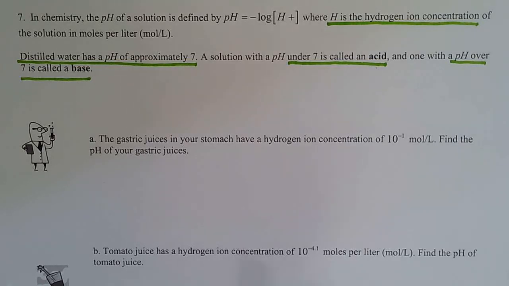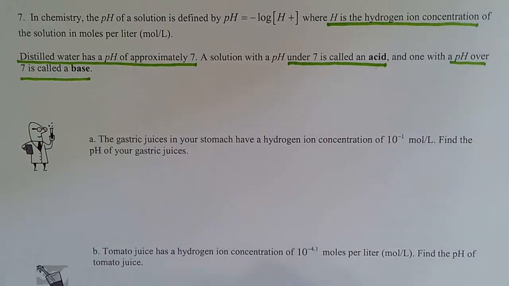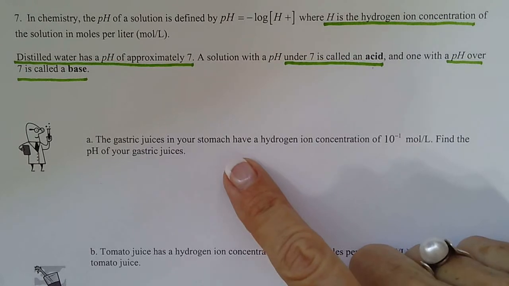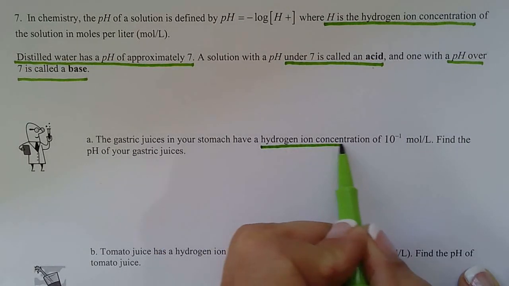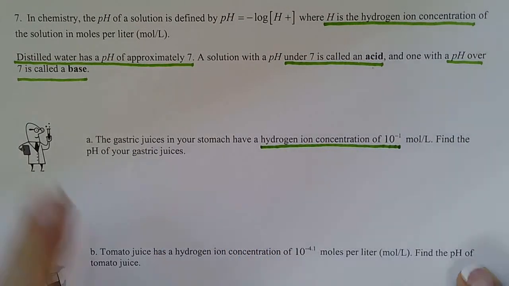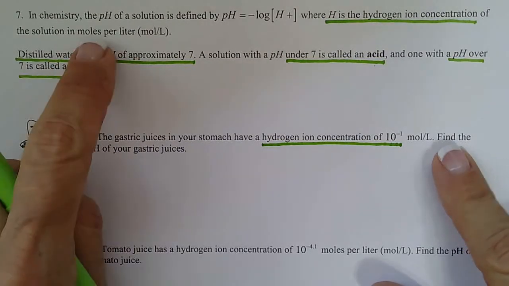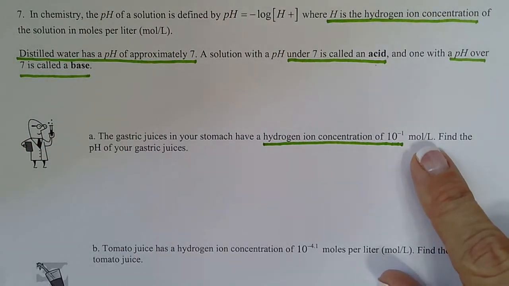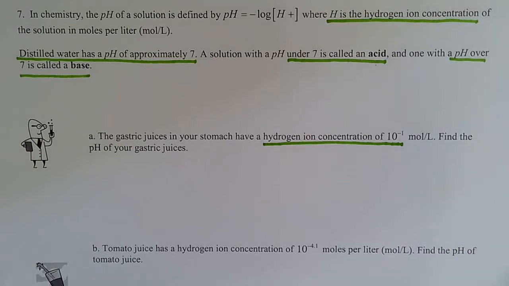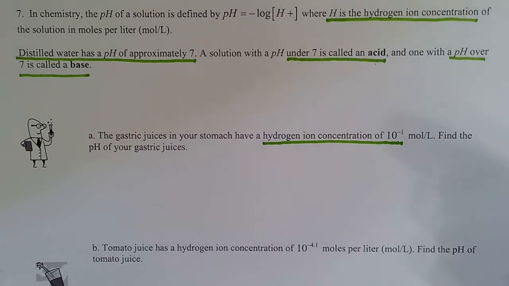Okay. So this is almost neutral. The gastric juices in your stomach have a hydrogen ion concentration of 10 to the -1, and this is read moles per liter. Doesn't apply to the problem, but that is the correct label. Find the pH of your gastric juices.